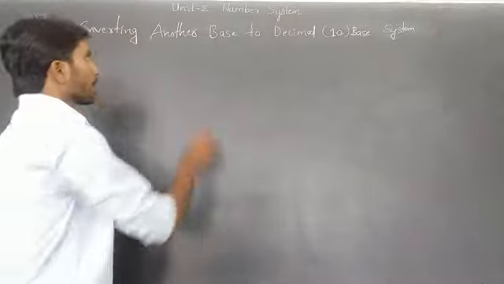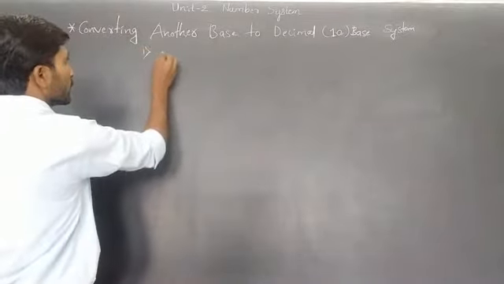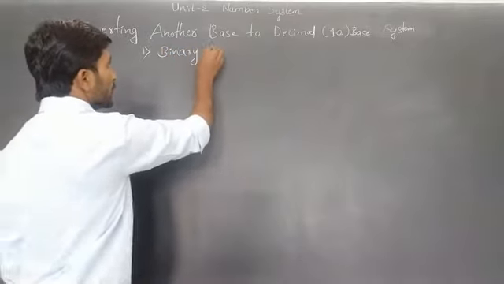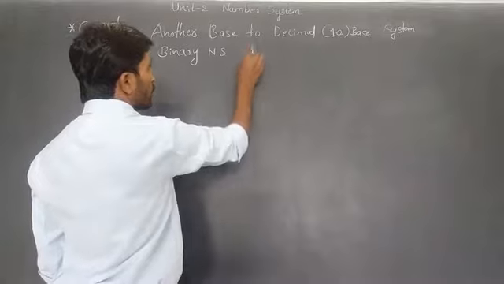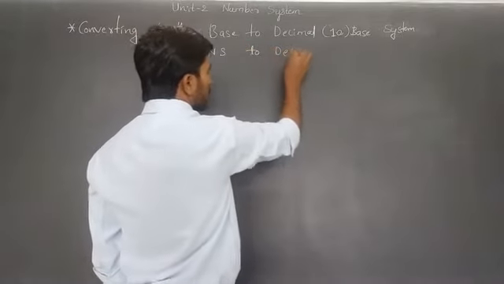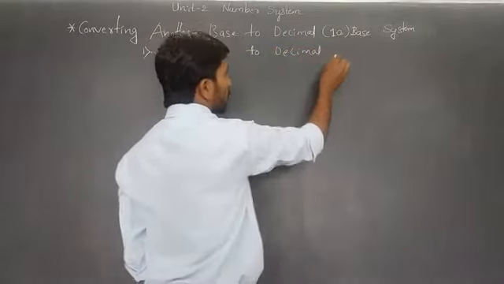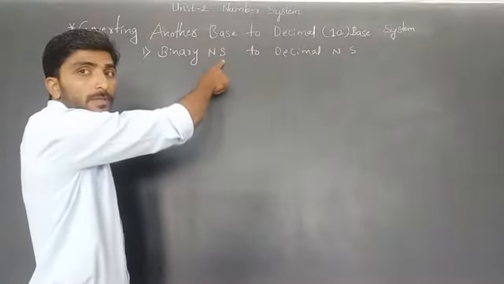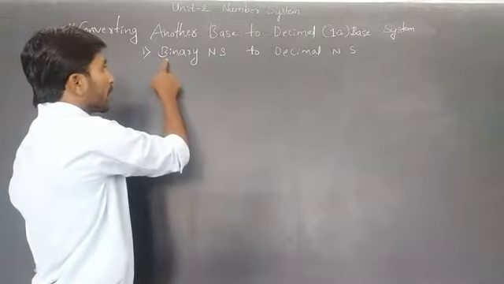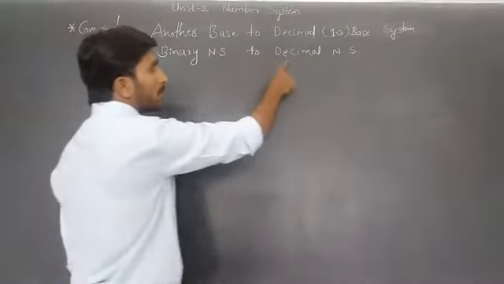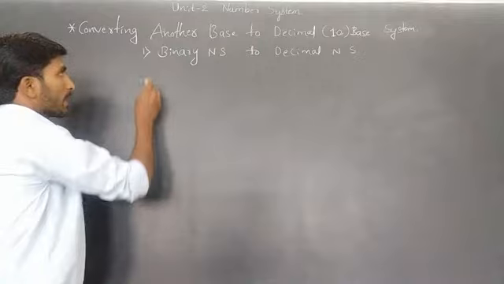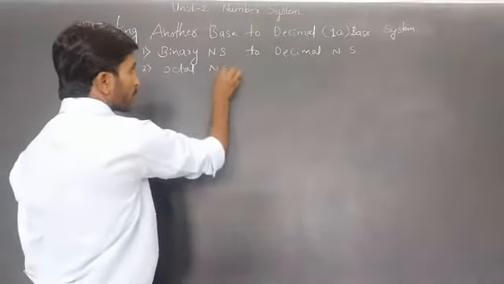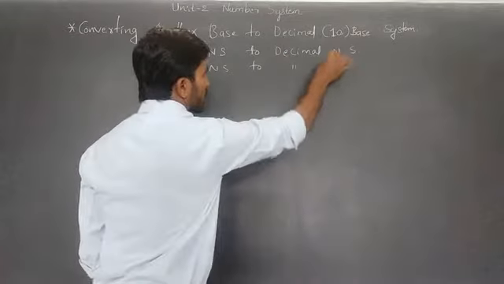The first one is how to convert binary number system to decimal number system. NS means number system. I hope you understand. After that, the second one is octal number system to decimal number system.